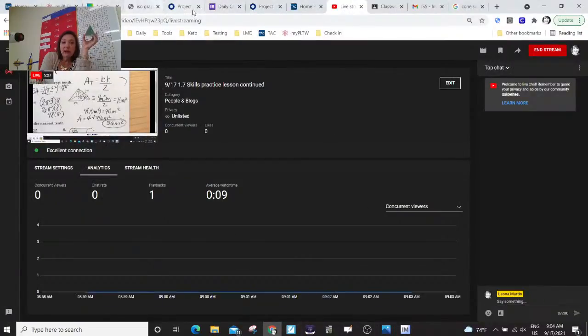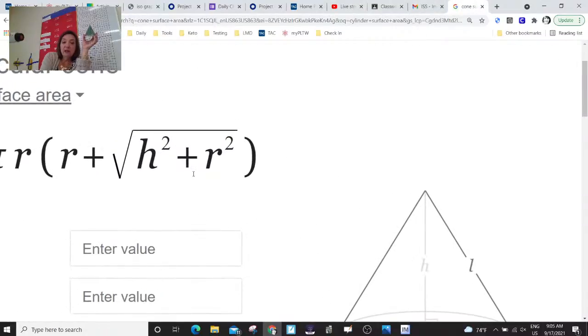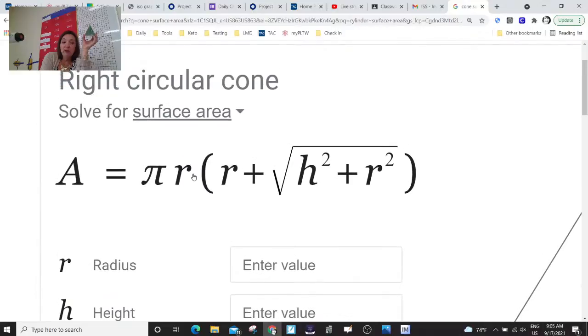Let's see. Here is the formula for the surface area of a cone. So there's going to be one for surface area and one for volume. And then we'll have a volume for a cylinder that you need to write down.